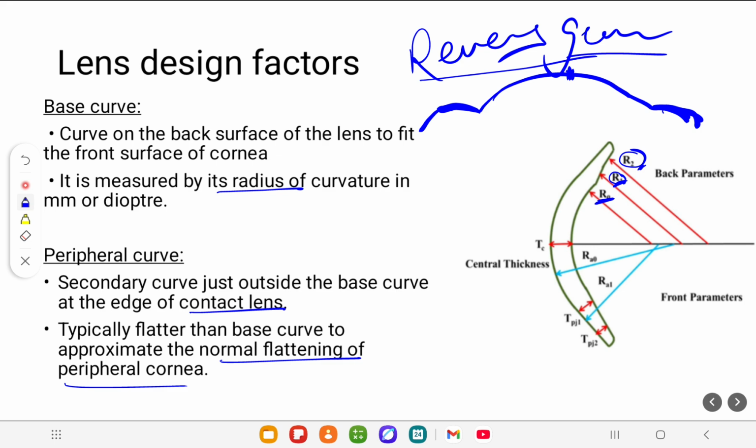That's why we make contact lenses follow the corneal contour. But whenever we deny that rule, making the first curve, the base curve, flatter than the second curve, with the second curve steeper than the base curve, that condition is called reverse geometry.